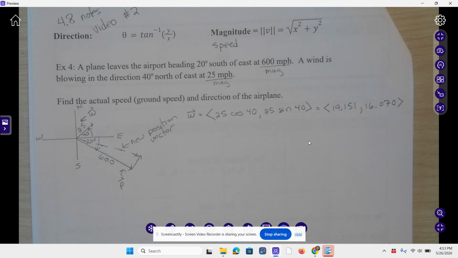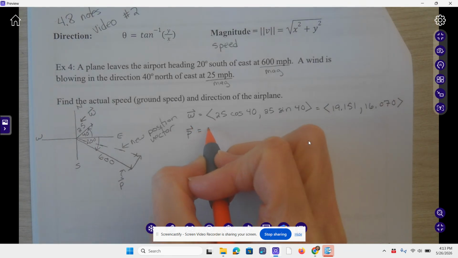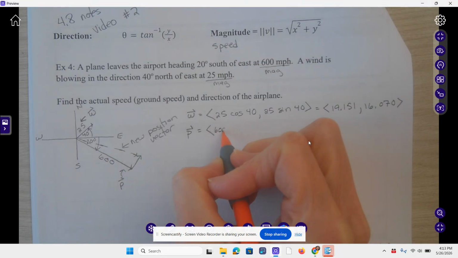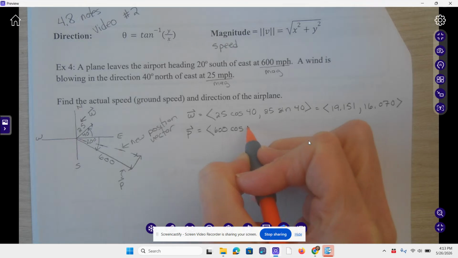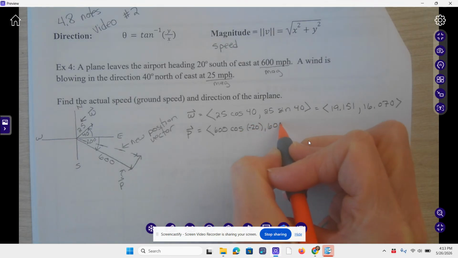Okay, now we want to write a vector that represents the plane. So that's going to be 600 cosine of negative 20 and 600 sine of negative 20. So x is always cosine and y is always sine.